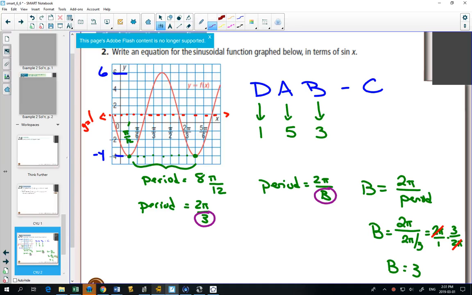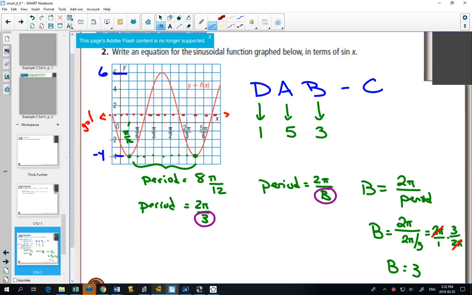Finally, with a sine graph, you would have graphed your sine graph with your d, your a, and your b value, and then finally you would have shifted it. To figure out where you shifted it, you have to say, well, where does a sine graph start? A sine graph starts in the middle on your sinusoidal axis, on your center line, going up.